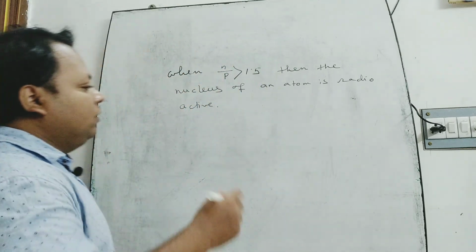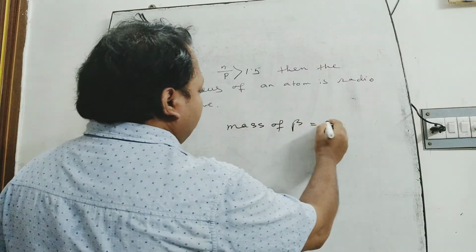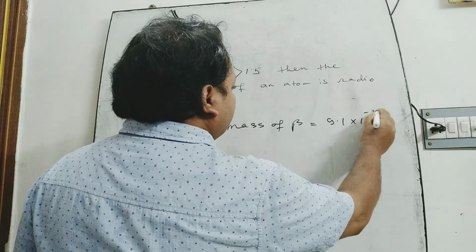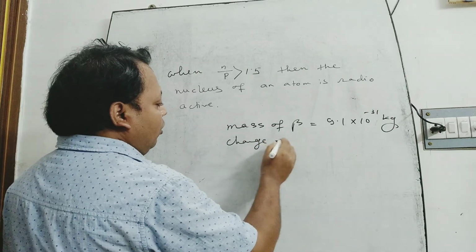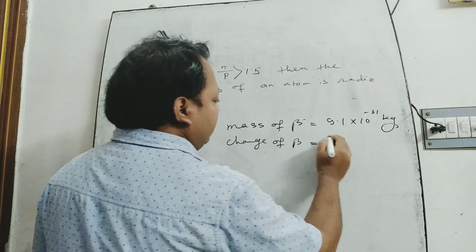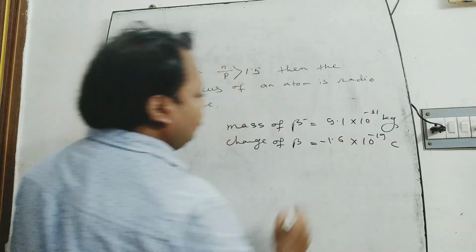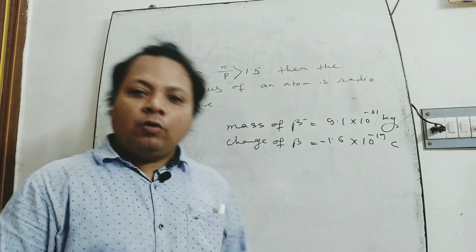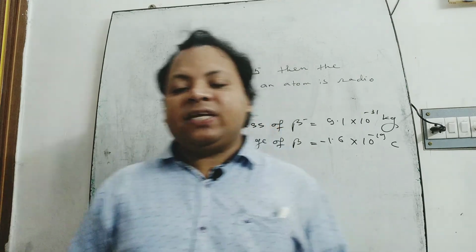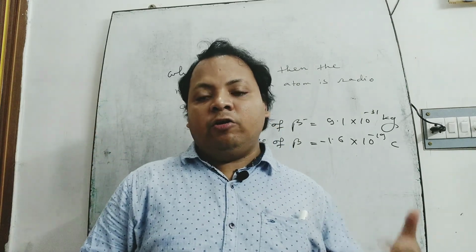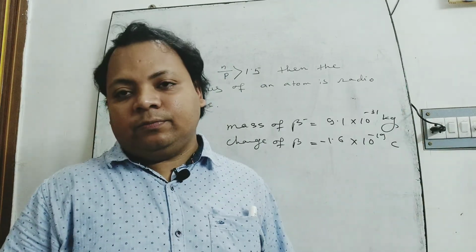That is, the mass of a beta particle is 9.1 into 10 to the power minus 31 kg, and the charge of a beta particle is minus 1.6 into 10 to the power minus 19 coulomb. And gamma ray is a radioactive wave or electromagnetic wave, or gamma ray is photon particles.